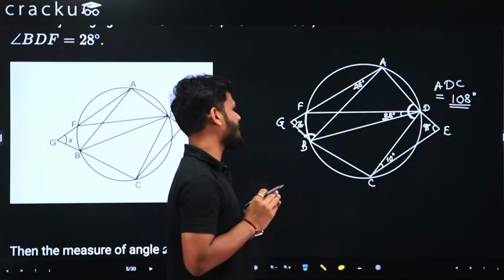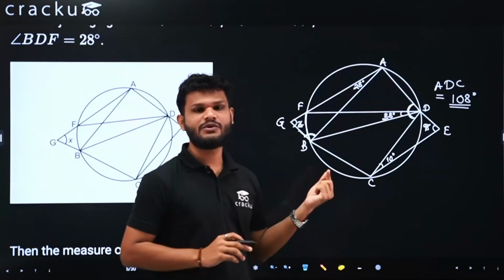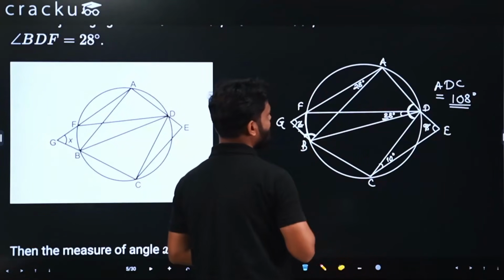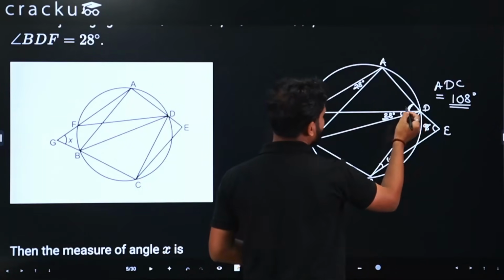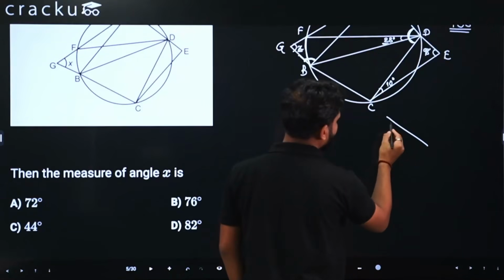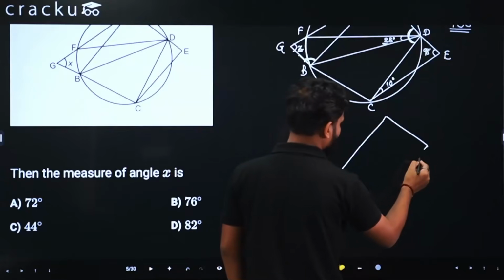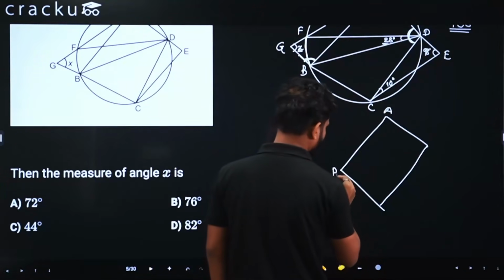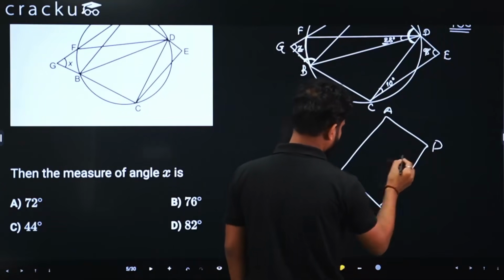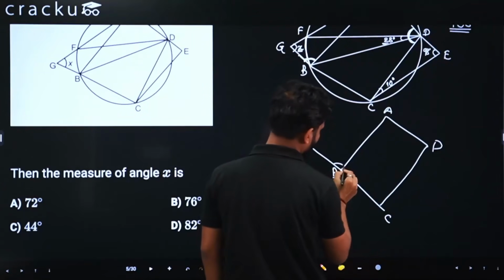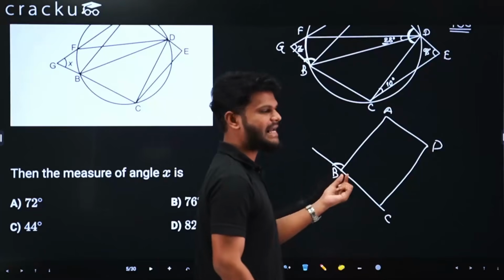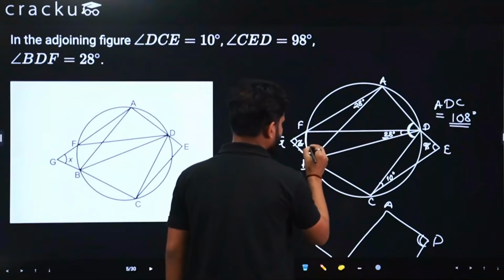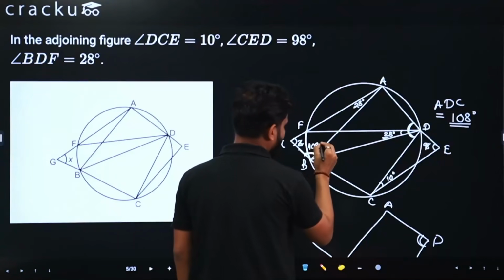In the cyclic quadrilateral, the exterior angle is equal to the opposite interior angle. And what is the opposite interior angle to this? This complete angle. So look at this A, B, C, and D. This is the angle we are talking about. This exterior angle will be equal to the measure of this angle. So this is 108 degree.